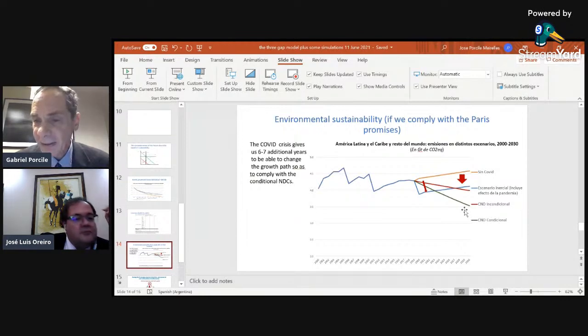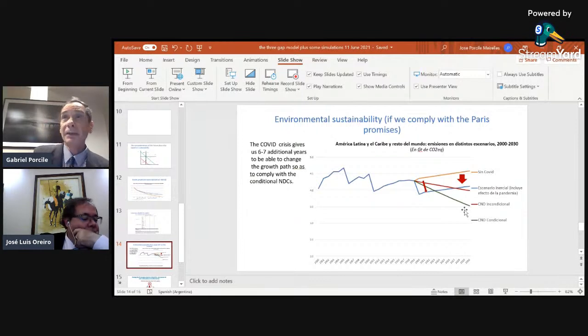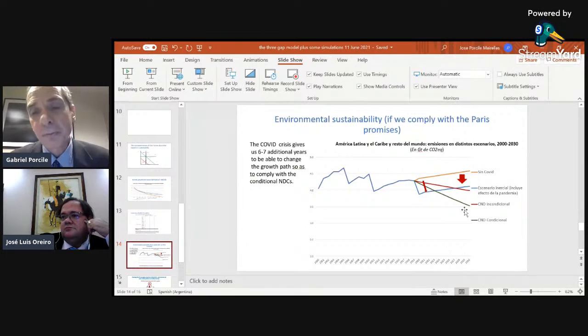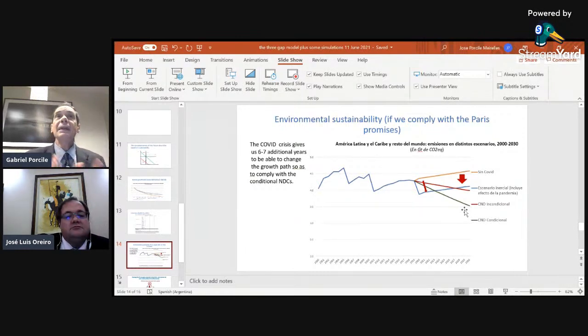If we do not change this trajectory, if we fail to decouple emissions from GDP growth, then the maximum rate of growth we can attain without failing to comply with the Paris Agreement is about 1.2%. So really we are in a situation in which we need to grow at the very least at 4% if we do a very strong redistributive policy.